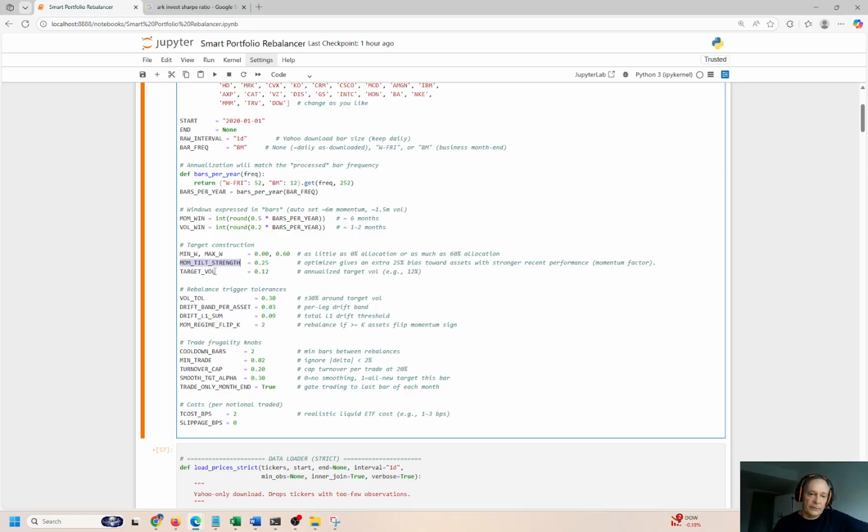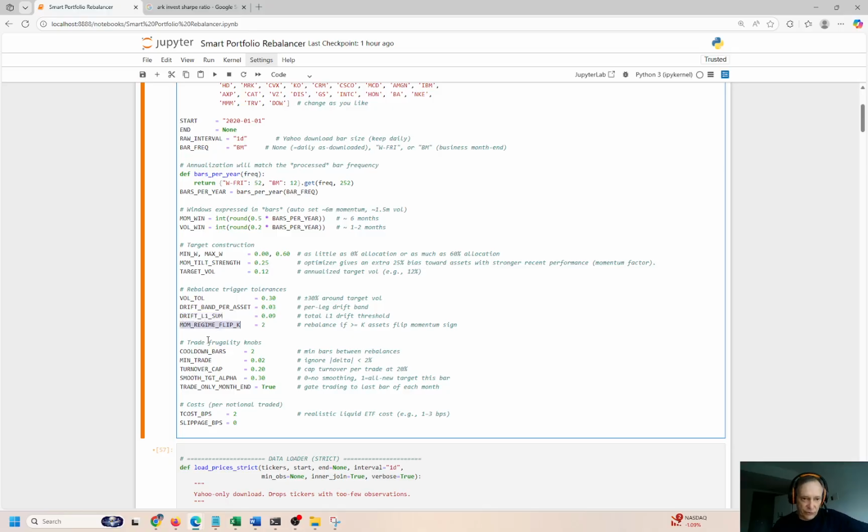The target volatility is going to be 12, so this is a 12% annualized target volatility. We're going to try to beat that. That's what the model is going to try to outdo. The volatility total is going to be around 30%. Drift per asset is about 3%. Drift sum is about 0.09, so 9%, and the MOM is momentum.